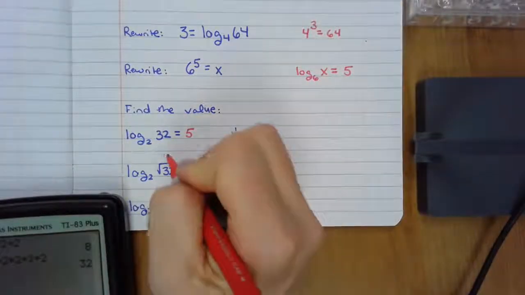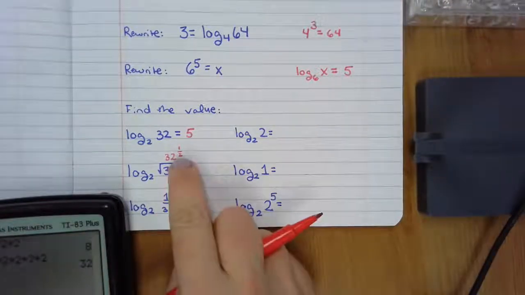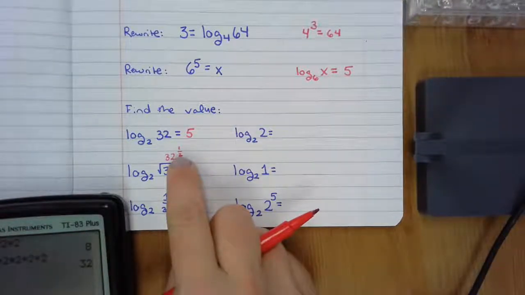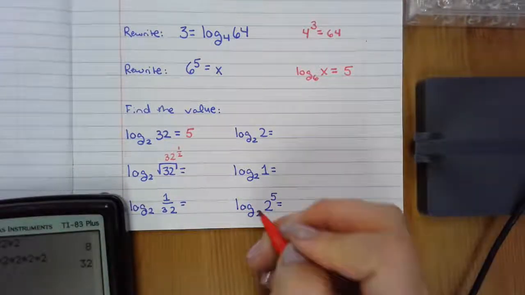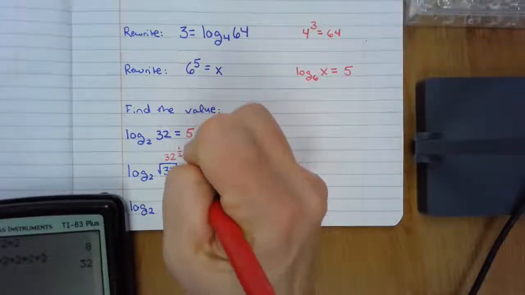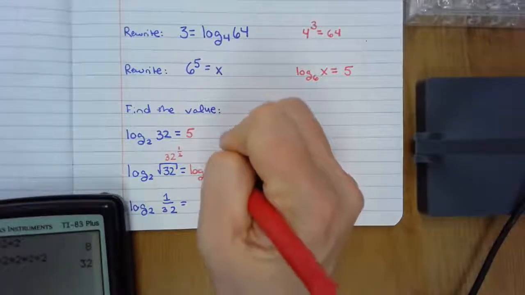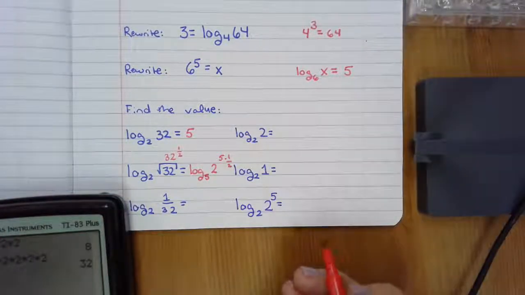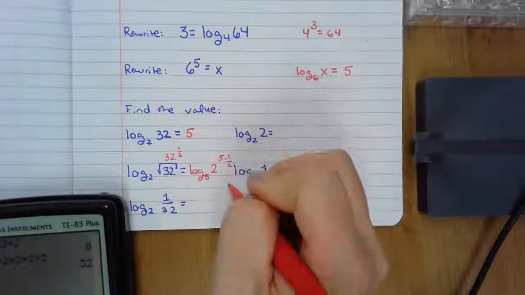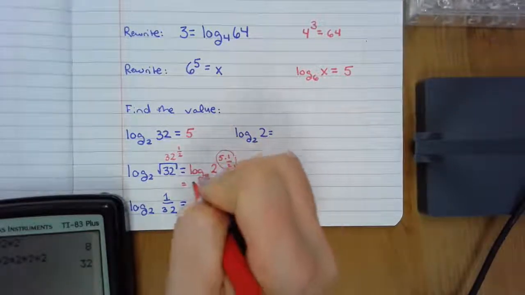Okay, for this one, you need to remember that square roots can also be written as the 1/2 power. So what I really want to rewrite is 2 to the 5th power to the 1/2. And I see that our answer is going to be 5 over 2.